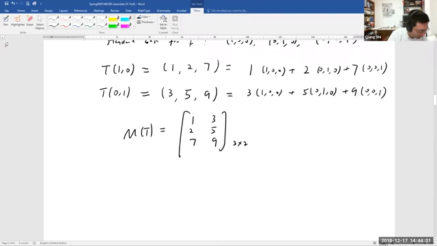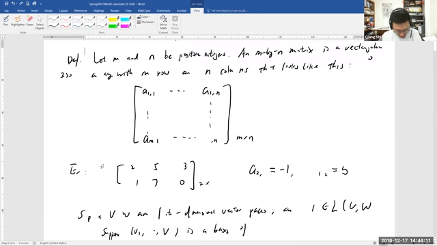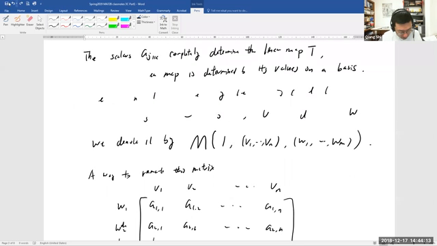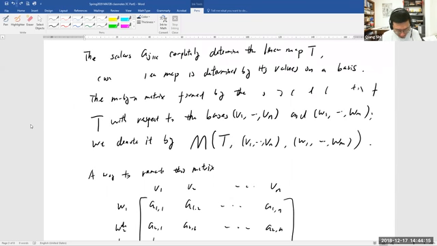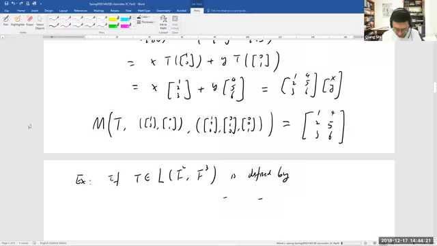So the next one, I think the example 3.34. So the next one, 3.34 there. So this, let me write this down.